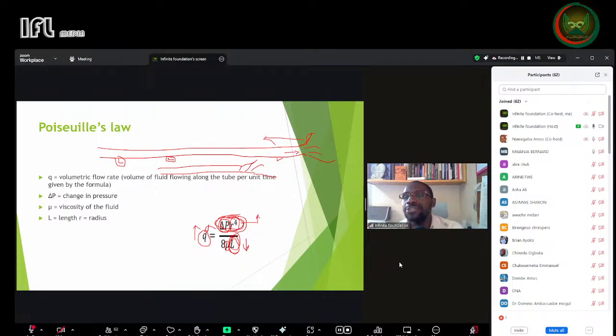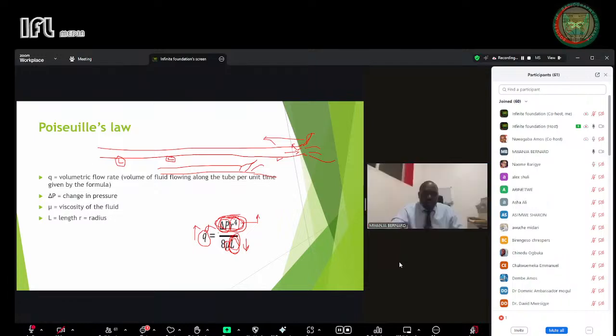So that means here we shall have increased resistance because of the distance, and here we shall have low resistance because of the increased length of the tube. So that is what we consider to be causing it. It is just the length. We derive it from this formula.